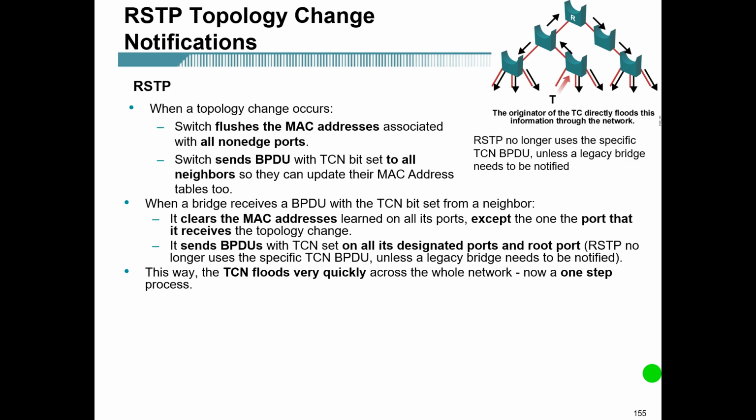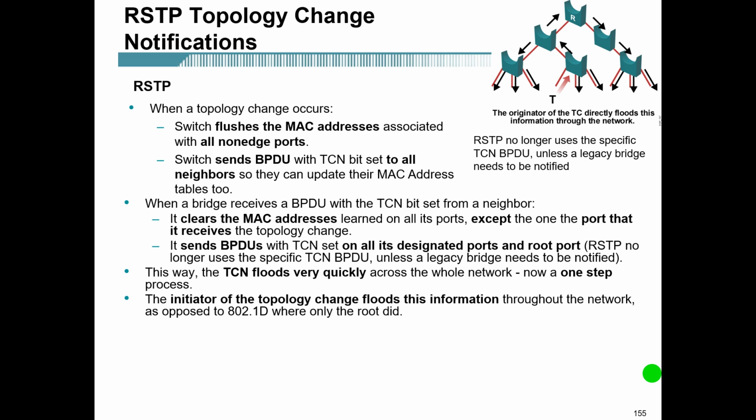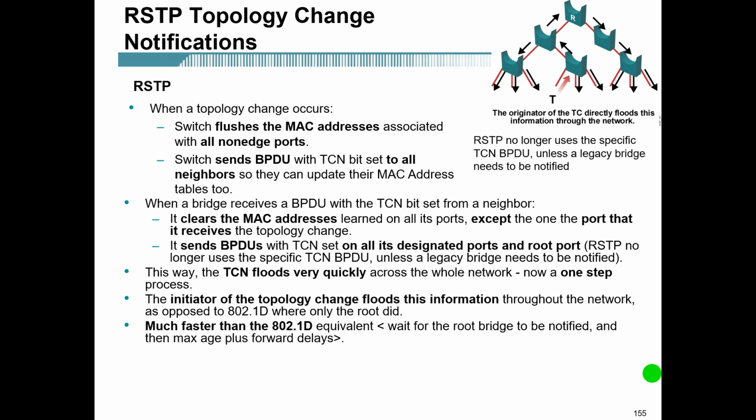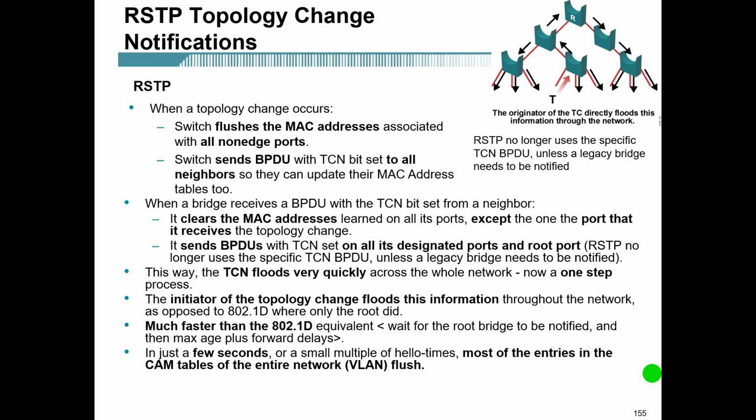This way, the TCN floods very quickly across the whole network, now a one-step process. The initiator of the topology change floods this information throughout the entire network, as opposed to the 802.1d standard, where only the root bridge did. Much faster, which means no waiting for the root bridge to be notified, plus max age and its delays.